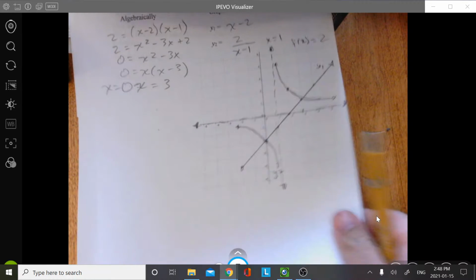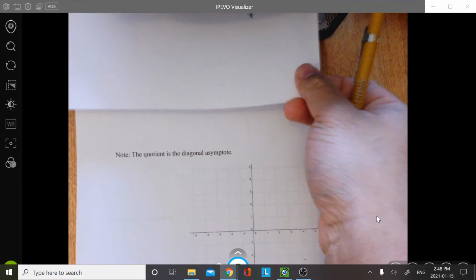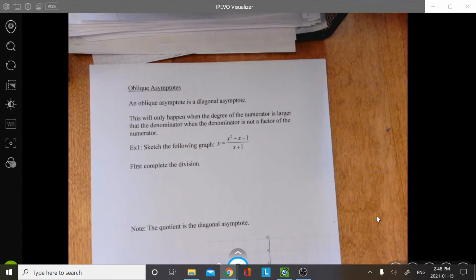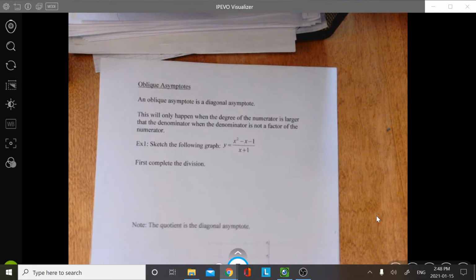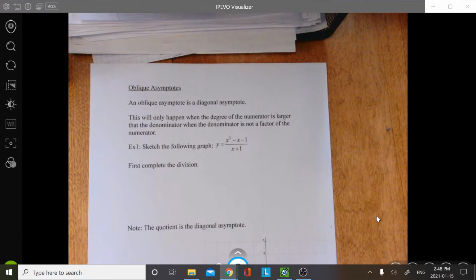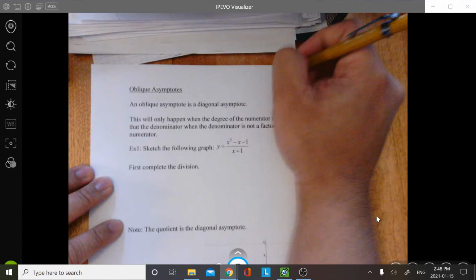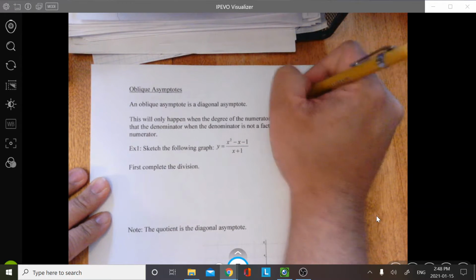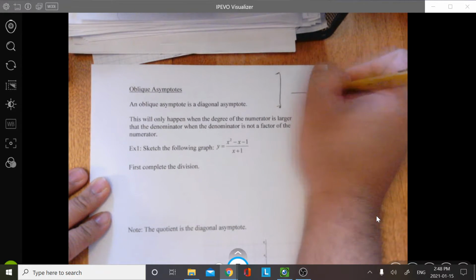Okie dokie. So the last topic in this unit is oblique asymptotes. So we had vertical asymptotes, horizontal asymptotes, right?